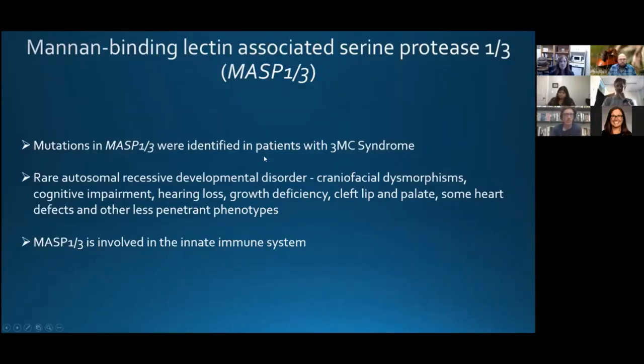But what's interesting is that MASP1-3 is really known only for its function in the innate immune system. And so the question arises then, what is the job of MASP1-3 in development? But because this mutation in this gene has an association with the developmental disorder, this suggests that it actually plays a really important function during development.